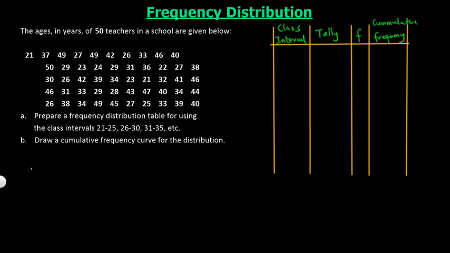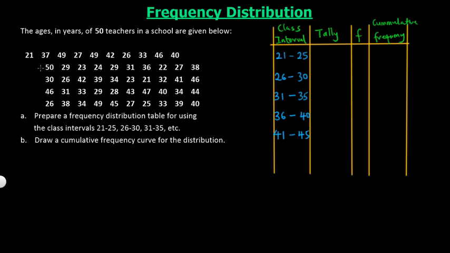For the very first one, let's first put all this into their class intervals. The class interval is 21 to 25. The next one is 26 to 30. The next one is 31 to 35, followed by 36 to 40, followed by 41 to 45.